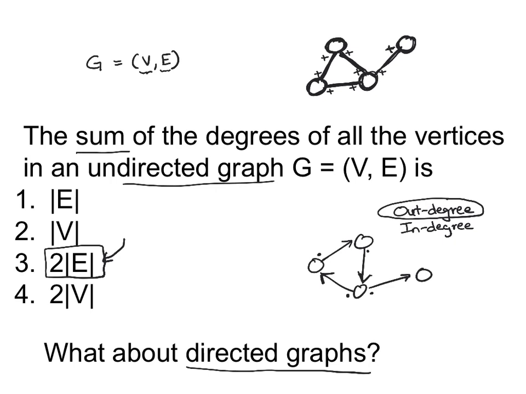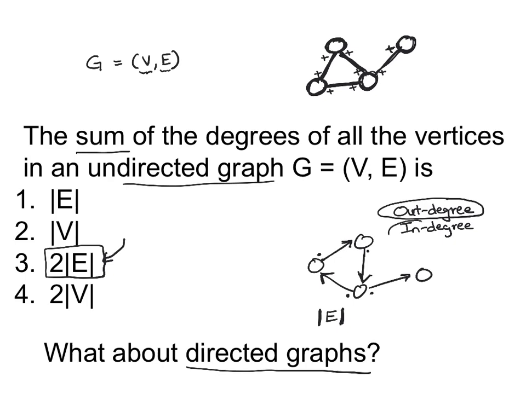We are counting each edge from the vertex where that edge starts from, not the vertex where it's going into. So the sum of the out degrees of all the vertices is just going to be the total number of edges in the graph. By the way, this absolute sign just refers to the size of this set of edges, which is nothing but the number of edges.